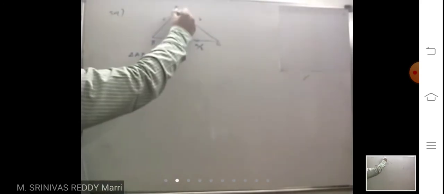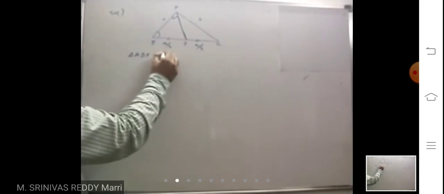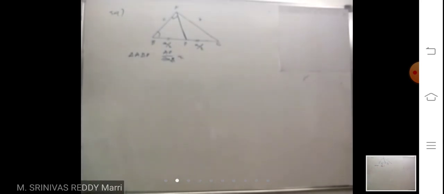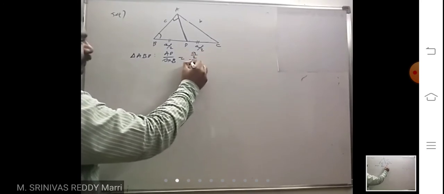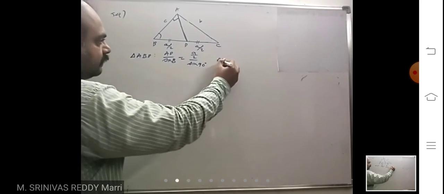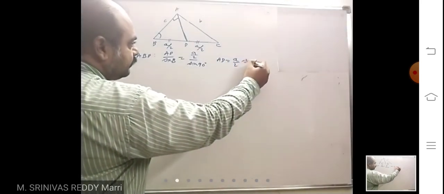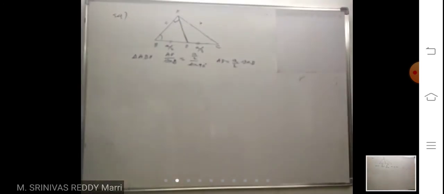AD divided by sine of opposite angle. AD divided by sine B is nothing but a by 2 divided by sine 90. So AD I got a by 2 sine B.